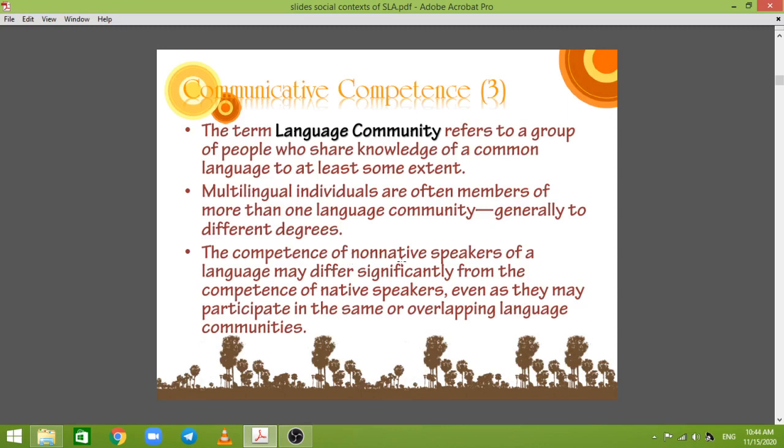The competence of a non-native speaker of a language may differ significantly from the competence of a native speaker, even as they may participate in the same or overlapping language communities.